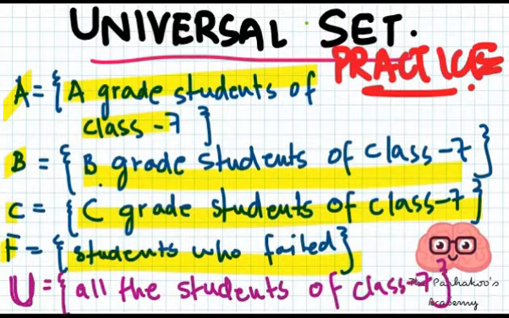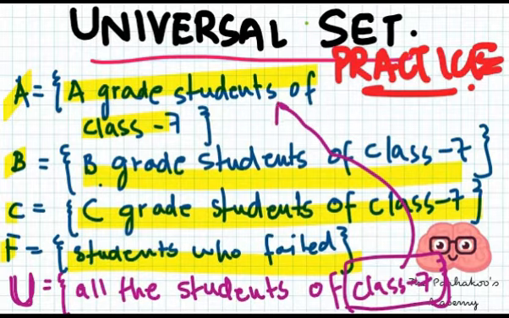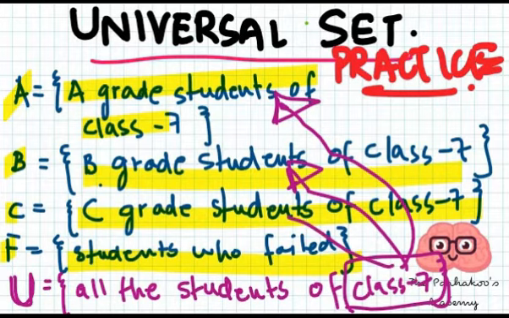So these are all the students of class 7, and among all the students there would be some who would have scored A, some would have scored B, some C, and there would be some who would have failed. So U is the set which comprises of all the students of class 7.